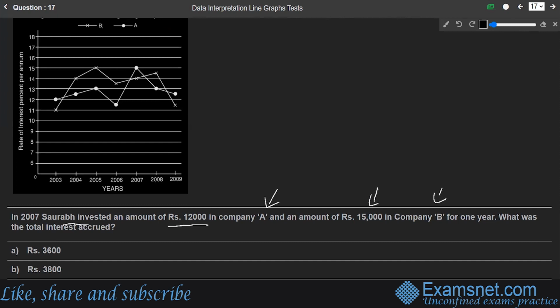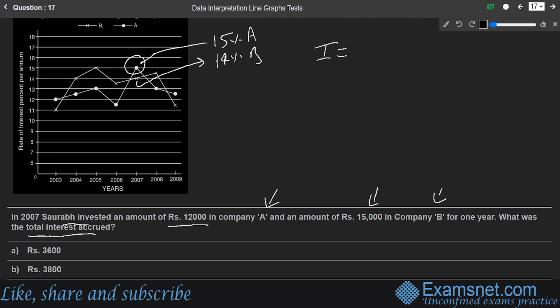In 2007, company A is offering a rate of interest of 15%, and in the same year the rate of interest for company B is 14%. Okay, this is for A and this is for B. Now, what was the total interest accrued? So the total interest will be nothing but the interest received by investing in company A, plus the interest received by investing in company B.